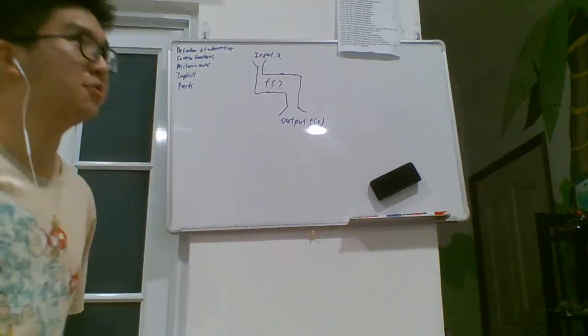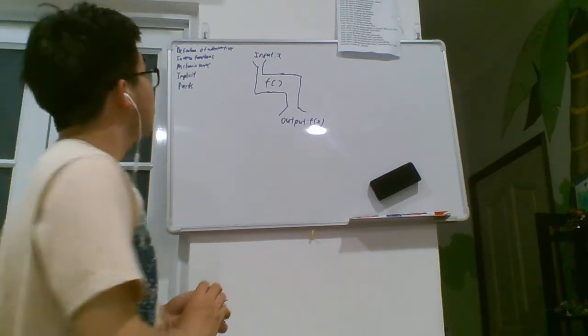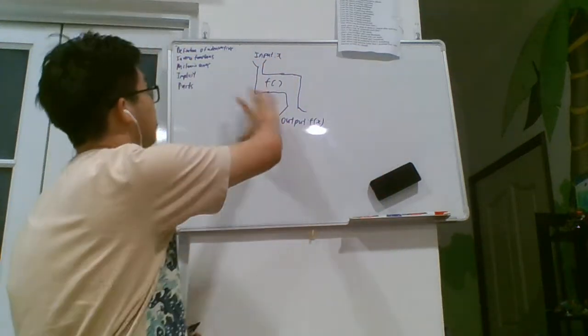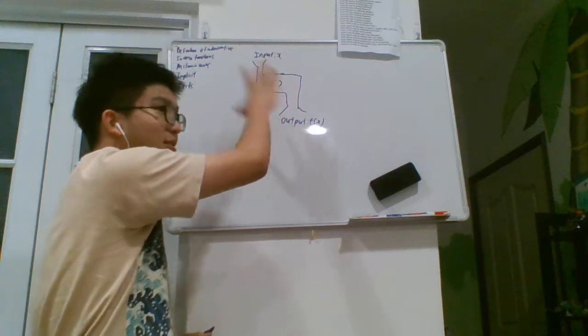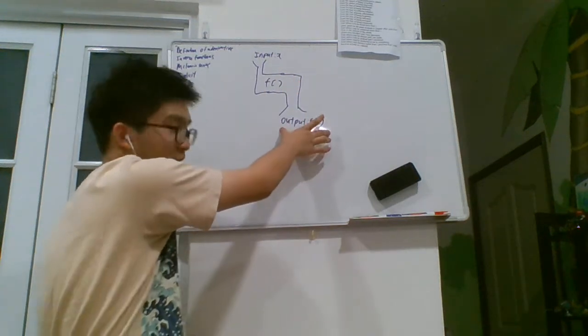So for example, let's say your basic y equals x. Let's say your input x is 1, then you will go through whatever the transformation of the x is, and then your resultant y will be 1.